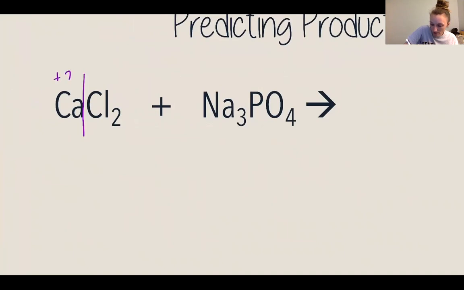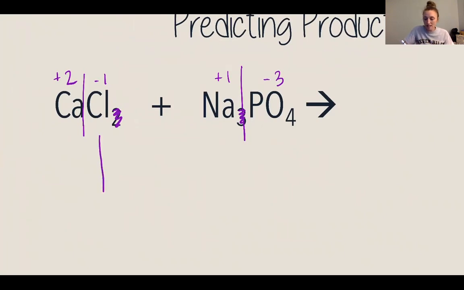I've got +2, -1, and then over here, sodium has a charge of +1, phosphate has a charge of -3. I'm not worried at all about this subscript. I'm not worried at all about this subscript. I am going to keep the 4 with the phosphate when I'm predicting what my products are going to be.